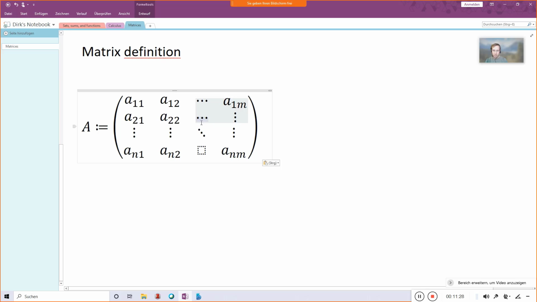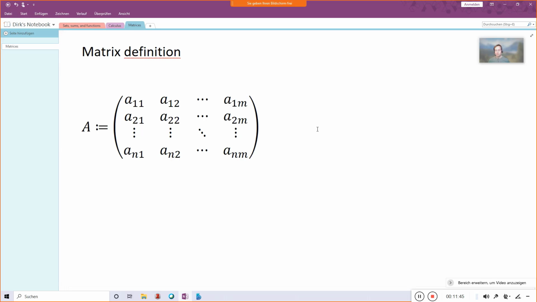Now matrices also play a role in computing, but one should take some care. Actually, we can here put A2m. One should take some care that you don't confuse mathematical matrices with arrays, or sometimes, at least in MATLAB, also matrices in computer programming. These are different things, and for arrays, like in Python or in MATLAB, the rules that apply to arrays in Python or MATLAB apply, and to matrices in math, the rules of matrices in math apply.